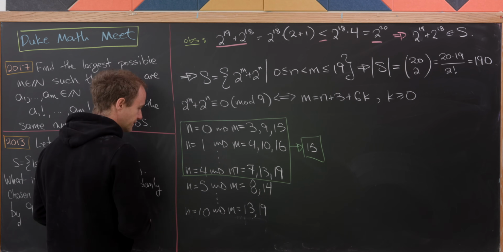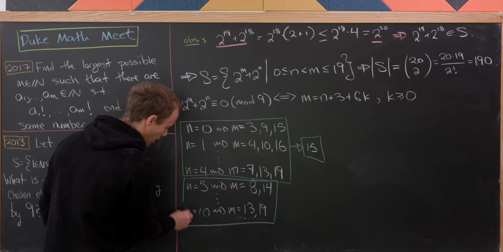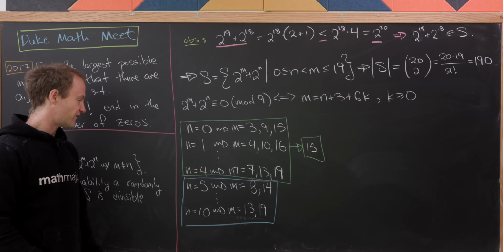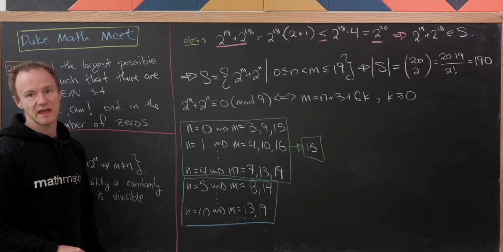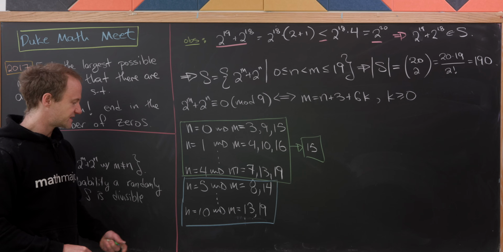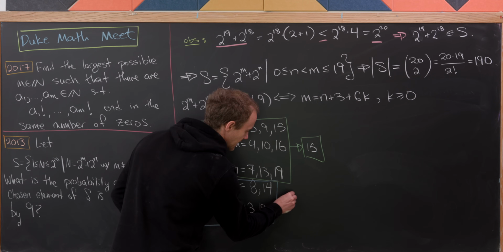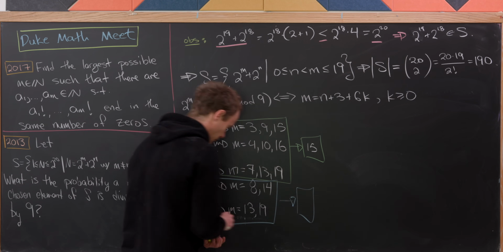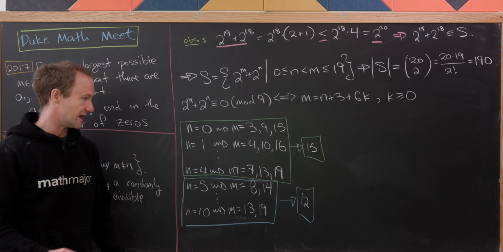And then let's move down to this blue box. So how many choices of n are there? Well, we've got n from 5 to 10. So that's going to be 6 choices of n. And then for those 6 choices of n, we have 2 choices of m. That means in this setup, we have 12 total pairs of m and n.